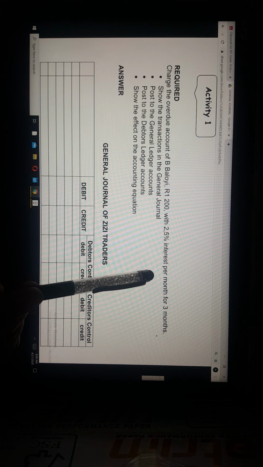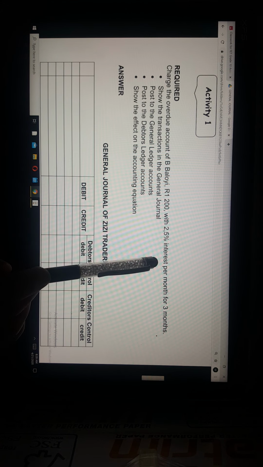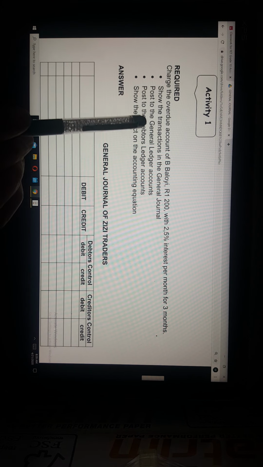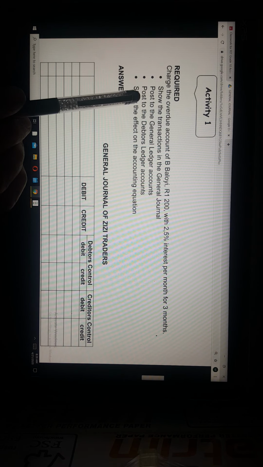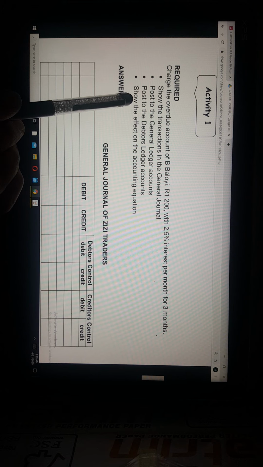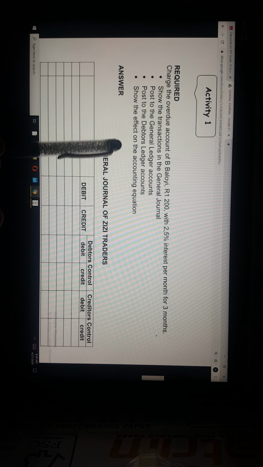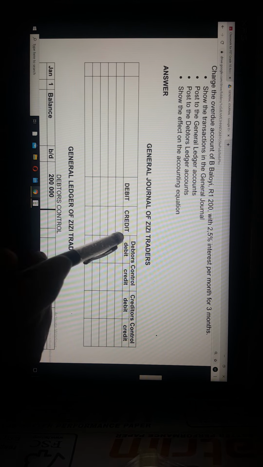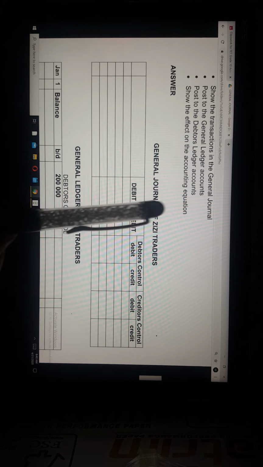Now look at this question here, right? 2.5% interest per month for 3 months. Show the transactions in the general journal, post to the general ledger, and post to the debtors ledger accounts, and show the effect on the accounting equation. So what you're going to do is exactly what you did in example 1.